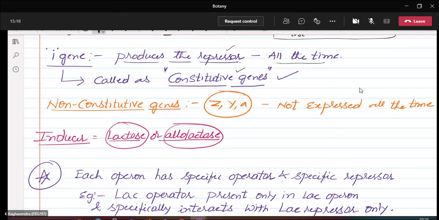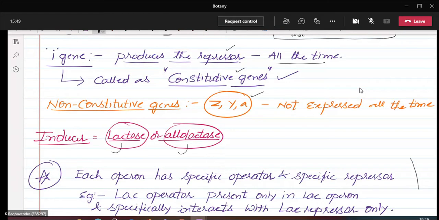They will express only in the presence of inducer, that is lactose. They will not express when the lactose is absent. That's why ZYA genes are called non-constitutive genes. In the lac operon, not only lactose works as an inducer, but other lactose members also can act as an inducer, can bind with the repressor protein and can help in the proper transcription of ZYA genes.